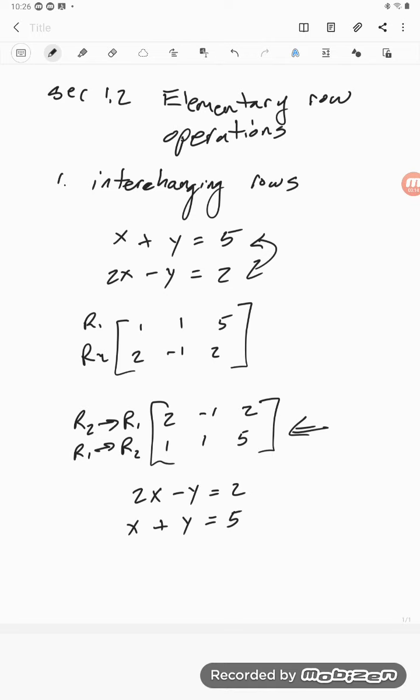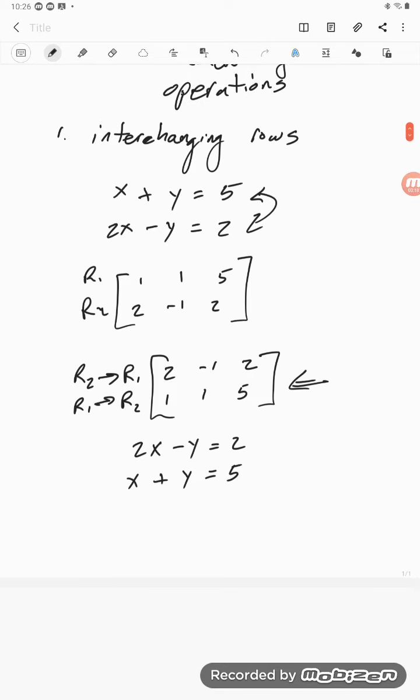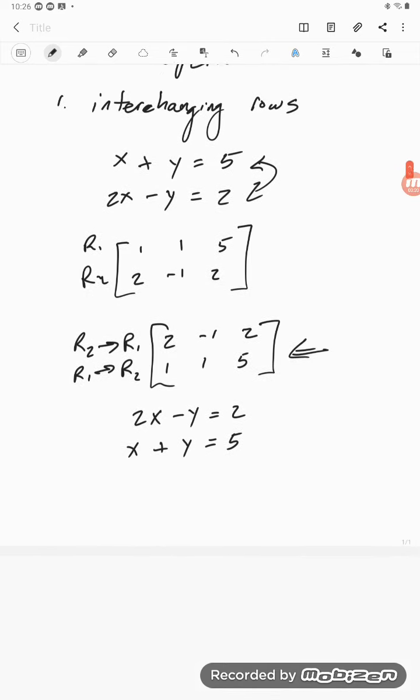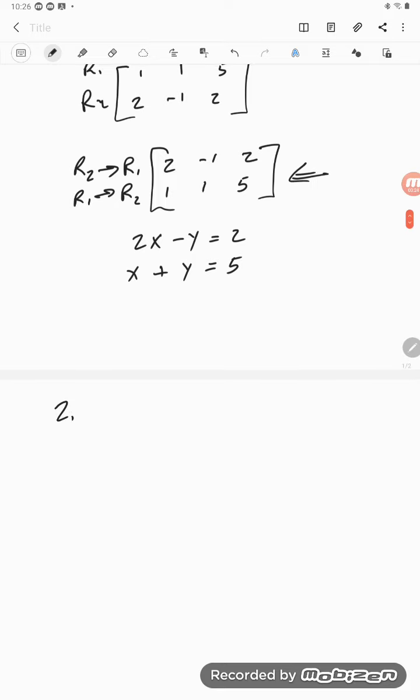So interchanging rows gives me the same solution as I had to begin with. Okay, so there's interchanging rows. Then the second thing is multiplying a row by a non-zero scalar.